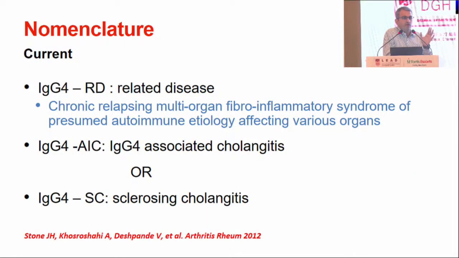IgG4 related disease can involve any system in the body: pancreatic, biliary, thyroid, bone marrow involvement, any other organ, with a myriad of manifestations. It's a chronic relapsing multi-organ fibroinflammatory disease presumed to be of autoimmune etiology. We don't understand whether it's actually autoimmune or not, but it is presumed to be.